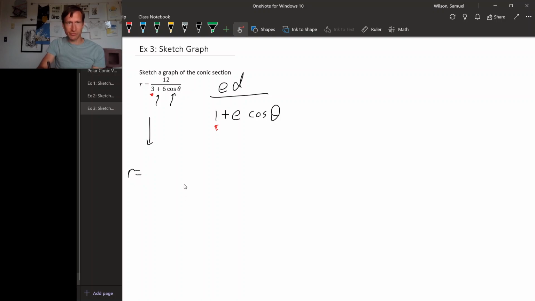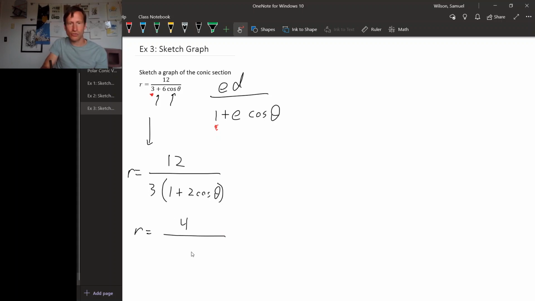So let's rewrite this equation. It's 12 over, so we're going to factor a 3 out of the denominator. So 3 times 1 plus 2 cosine theta. In this particular example, we can actually just go ahead and simplify this so that the 3 is gone completely. We get 4 over 1 plus 2 cosine theta.